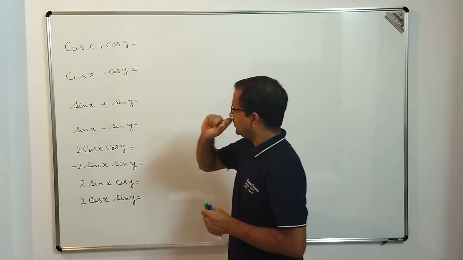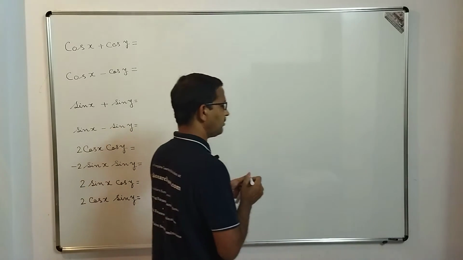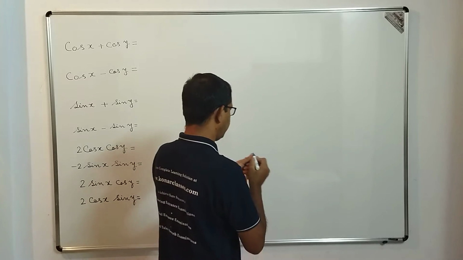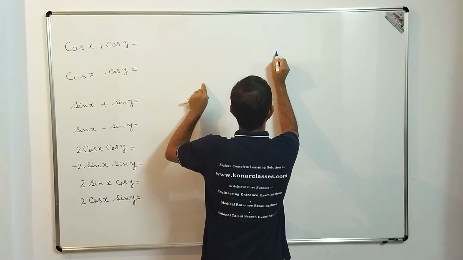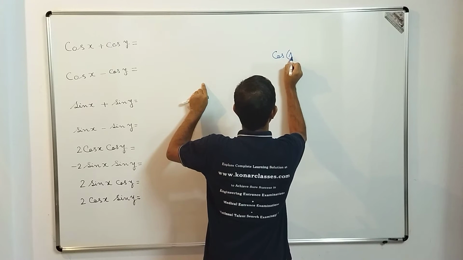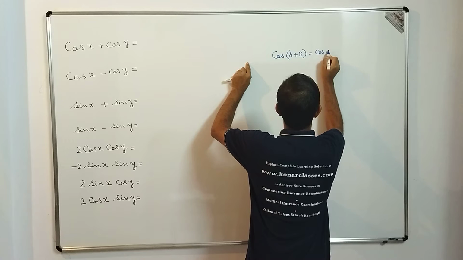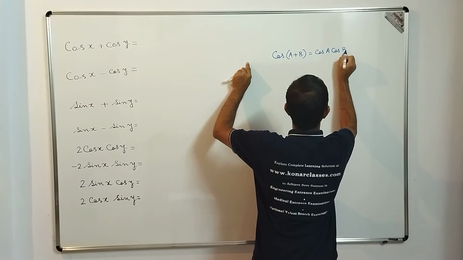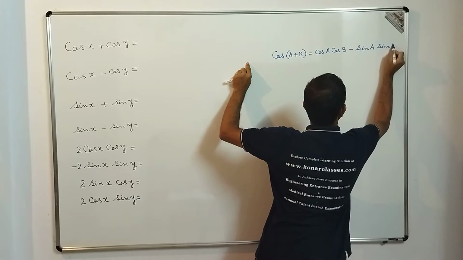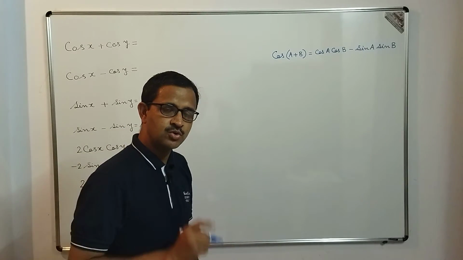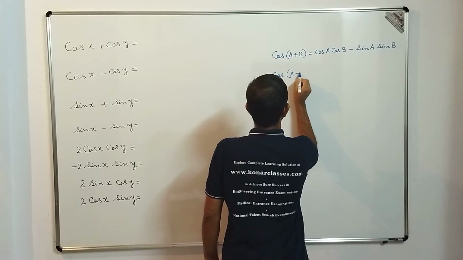So what we need to find is the formula for cos x plus cos y, and to do that we need to take help from our previous formula. Whatever we have learned is that suppose we take two angles A and B, and we know the value of cos A plus B is equal to cos A cos B minus sin A sin B. And what is cos of A minus B?